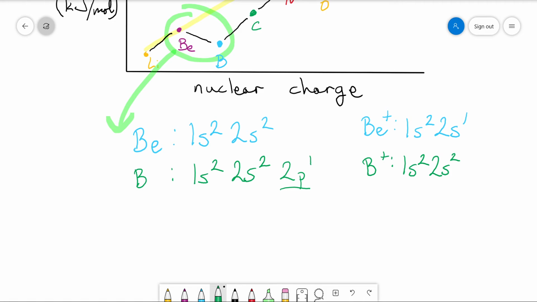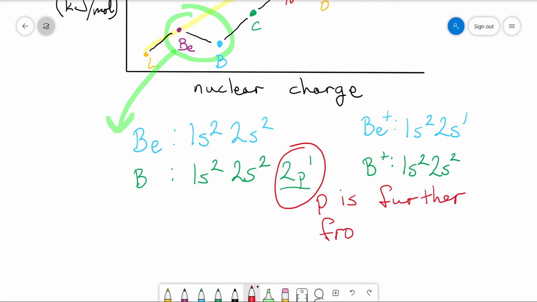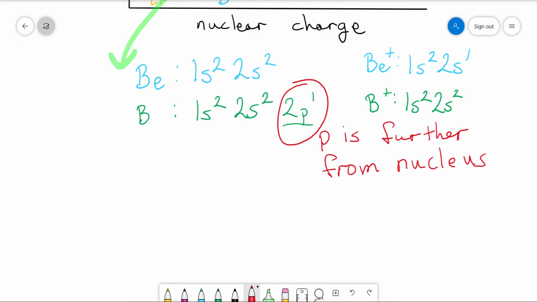We've removed the 2p electron. So that's what we're removing for boron. And the 2p is further from the nucleus than the 2s, so it's easier to remove.